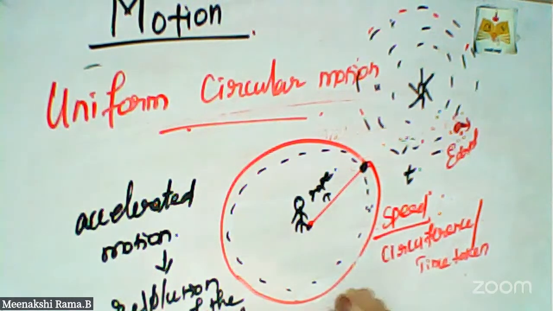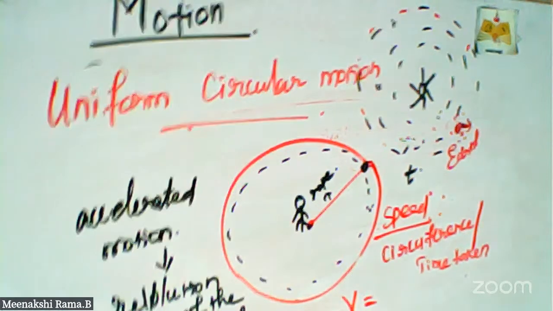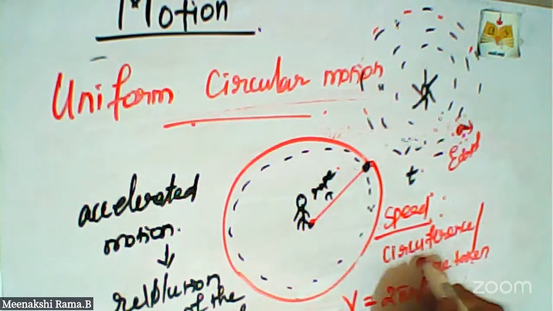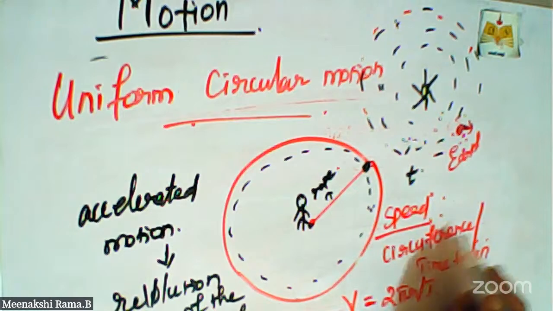Speed, letter v, equals circumference by time taken. In a circle, the circumference formula is 2 pi r. So speed equals 2 pi r by time taken.